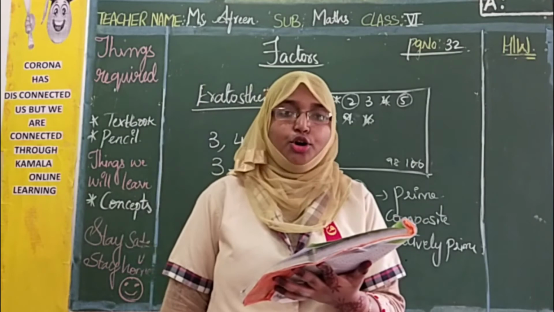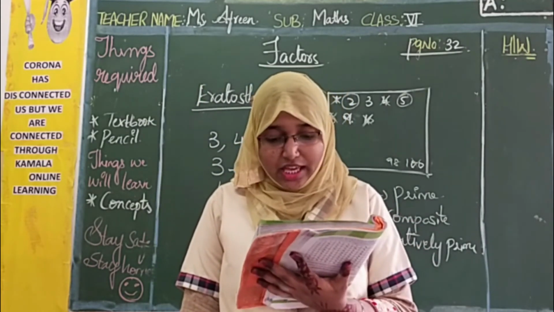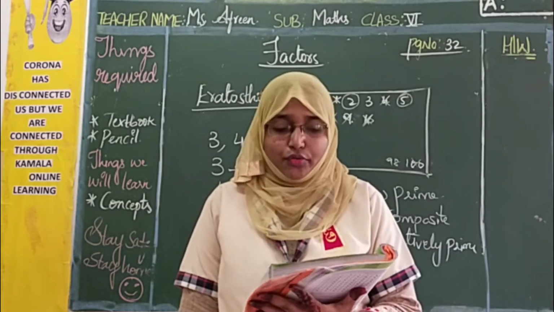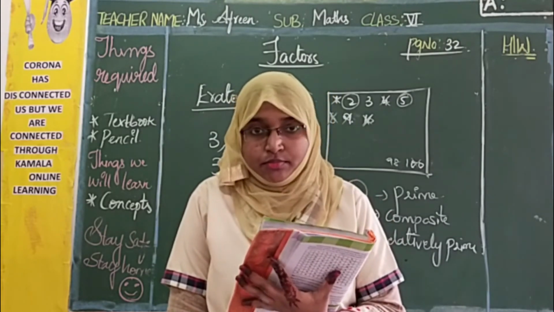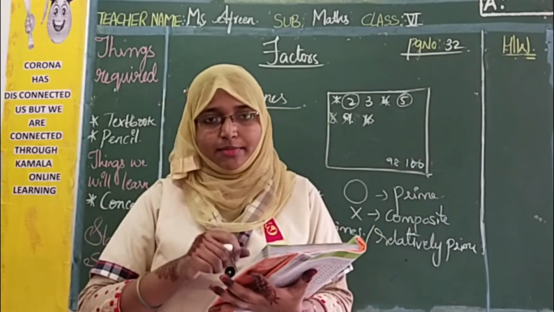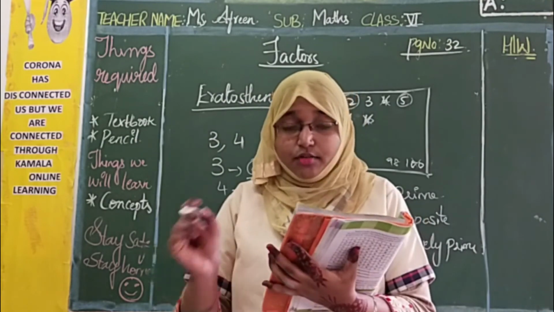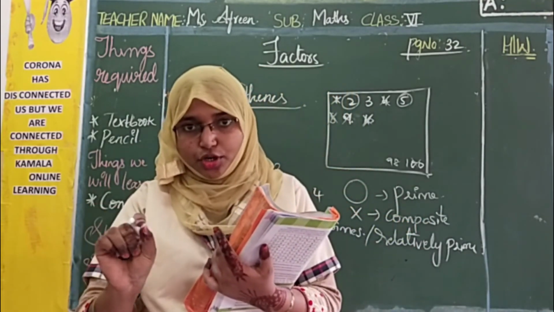Okay. Next is twin primes. Twin primes are prime numbers that differ from each other by 2. We use prime numbers to write twin primes. Now see here, they have given 3, 5. The difference between the two prime numbers should be 2.